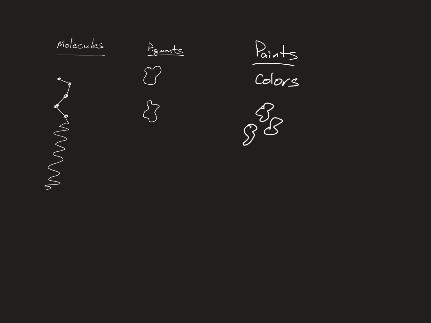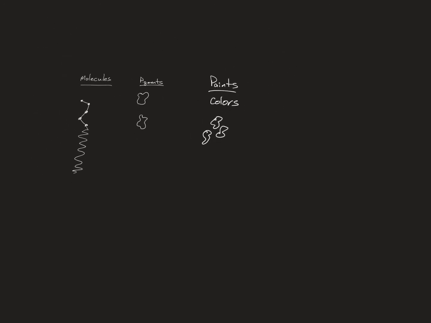I don't know if you ever thought about this, but white light is actually not white. It's actually a combination of all the colors: red, orange, yellow, green, blue, indigo, and violet. The colors of the rainbow, Roy G. Biv. So all the colors are in white light.